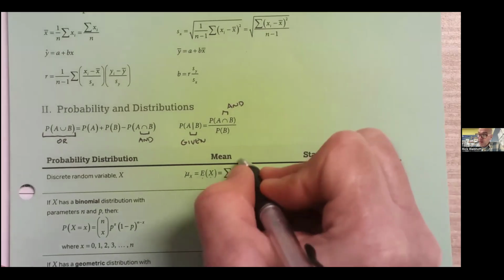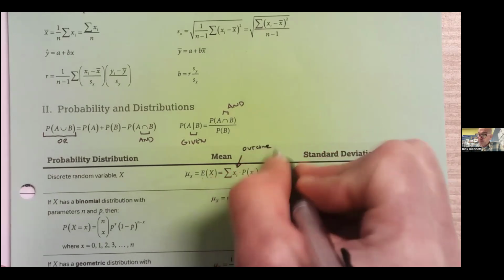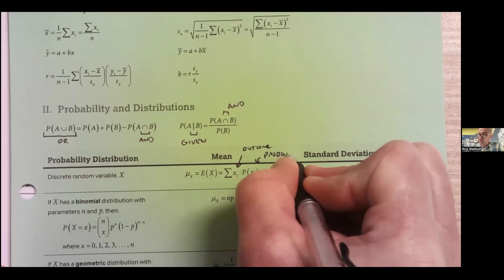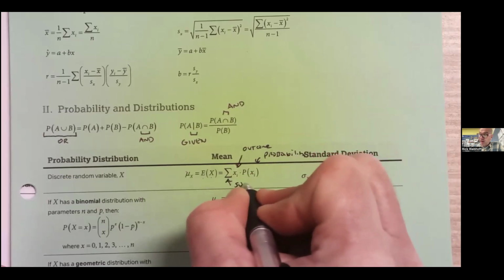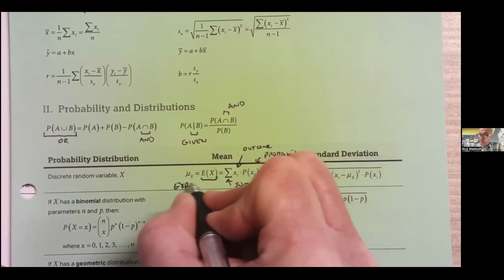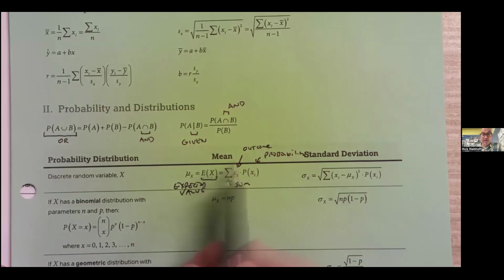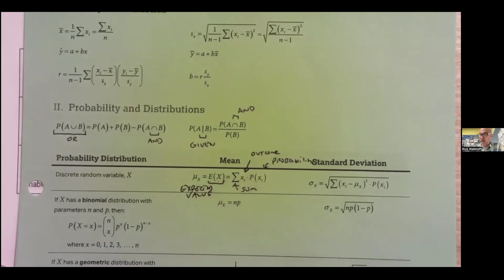This is the outcome times the probability of that outcome, and this sum means we're going to add them up. This is the expected value. Write all that on there. It'll be kind of like little notes that you can use, and it's really helpful. You'll get used to this. You use it a lot.